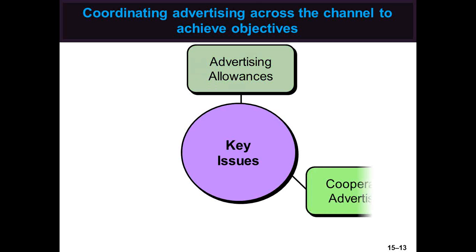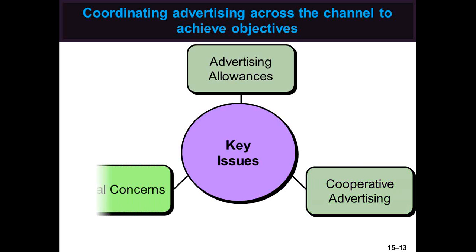Cooperative advertising involves producers sharing in ad costs with wholesalers or retailers. This practice helps the producer to get more promotion for the advertising dollar, and it helps the intermediaries to compete locally. Ethical concerns may arise in these cooperative relationships. Retailers may abuse advertising allowances or cooperative advertising.